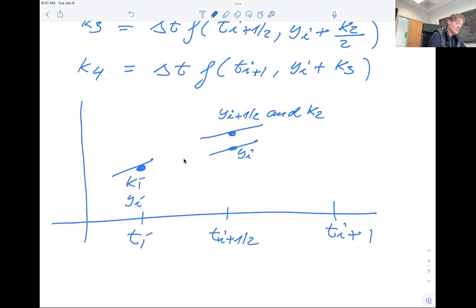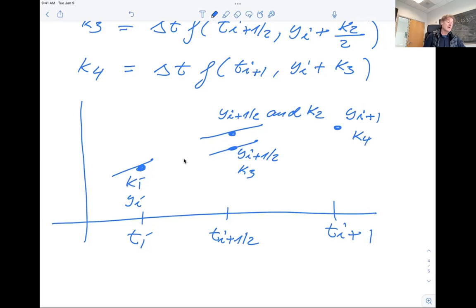So this gives us a new value for y of i plus a half. And we then calculate the new slope, k3, which is used to predict the final value at y of i plus 1.